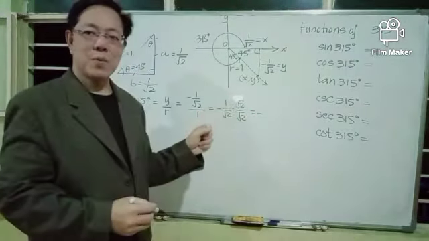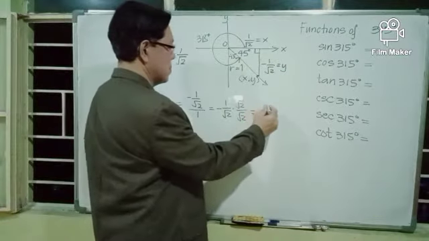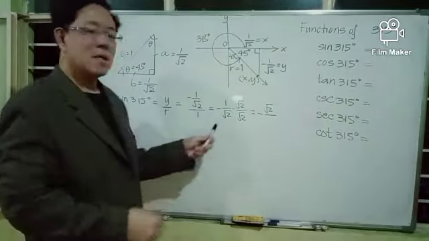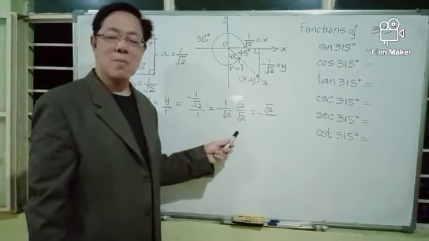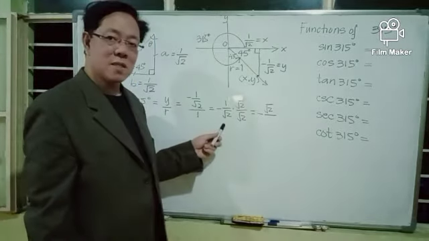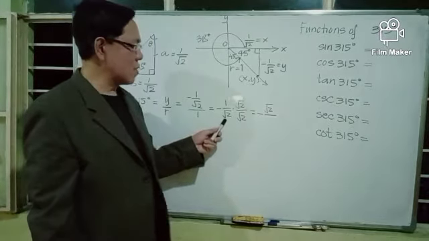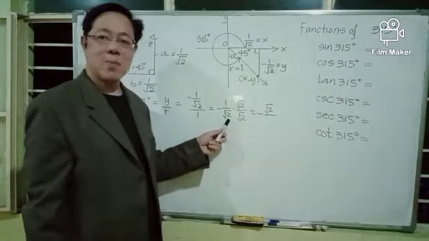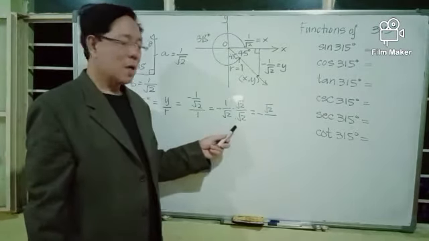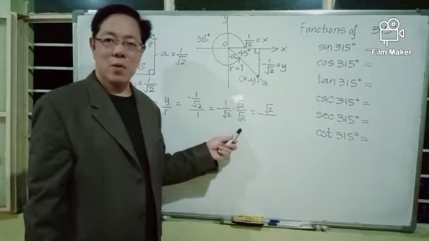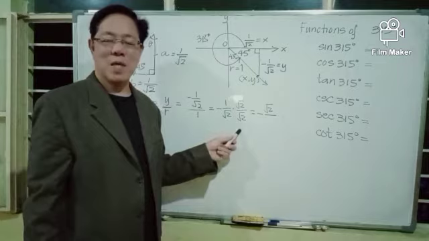1 times square root of 2 is square root of 2. Divided by square root of 2 times square root of 2, which can be written as a single radical whose index is the common index of square root of 2 and square root of 2, which is 2. And the radicand is the product of the radicands 2 and 2. So square root of 2 times square root of 2 is equal to square root of 4. But the square root of 4 is 2.